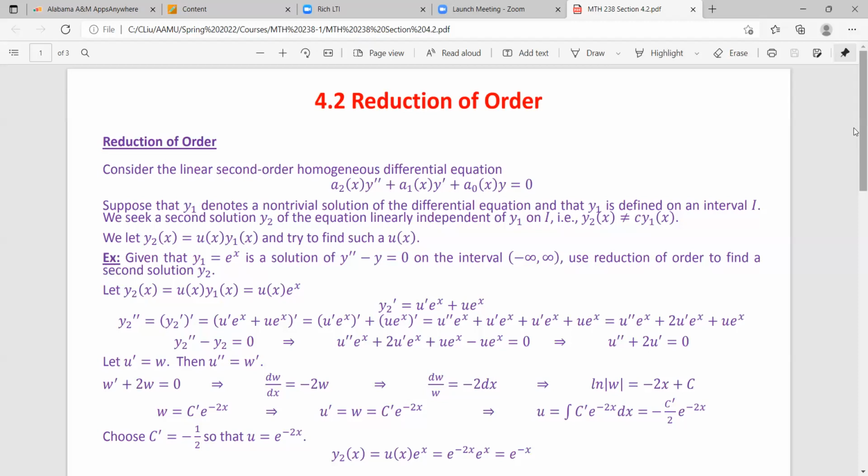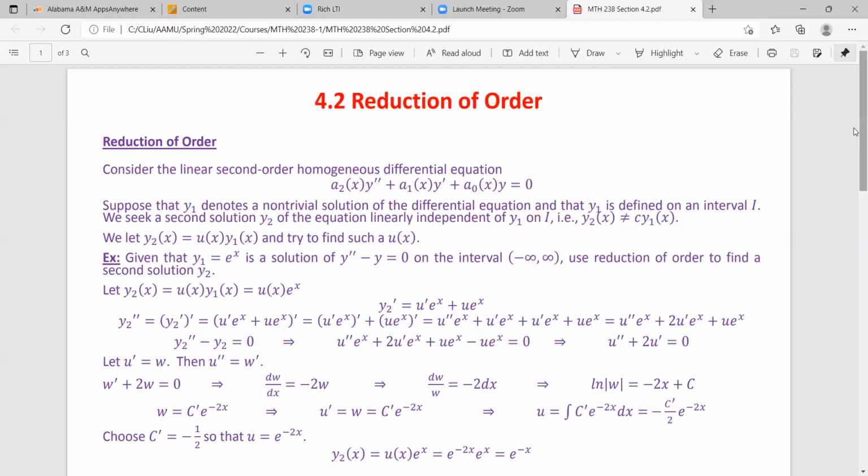Okay, so we just separated the variables and then integrate on both sides separately. So on the left hand side, we're going to get the natural log of the absolute value of w equals negative 2x plus C. All right. We have done those so many times, so I'm not going to explain too much.